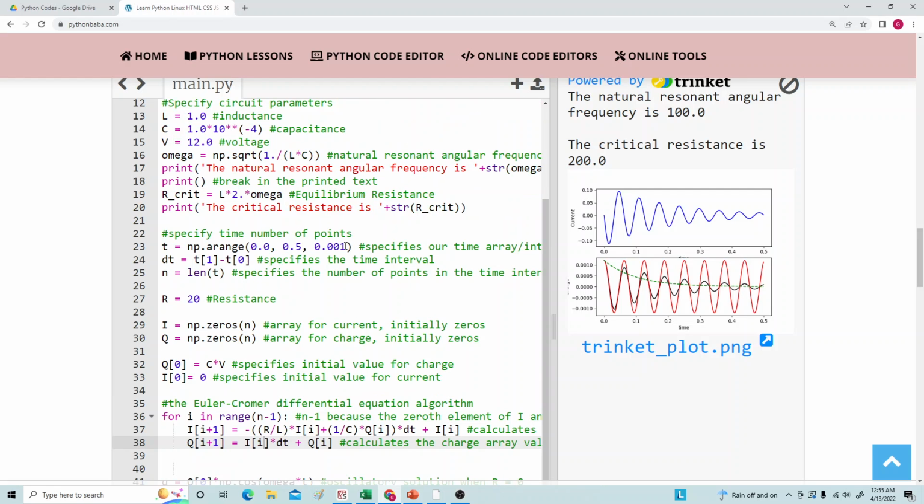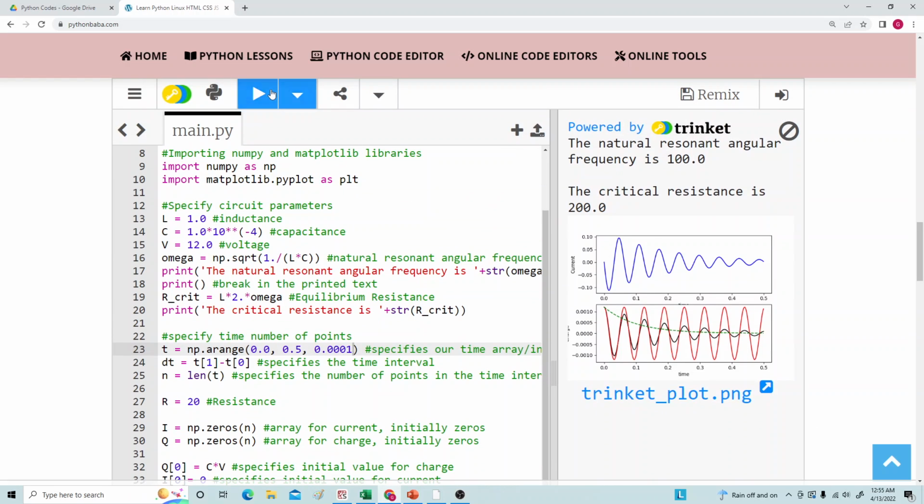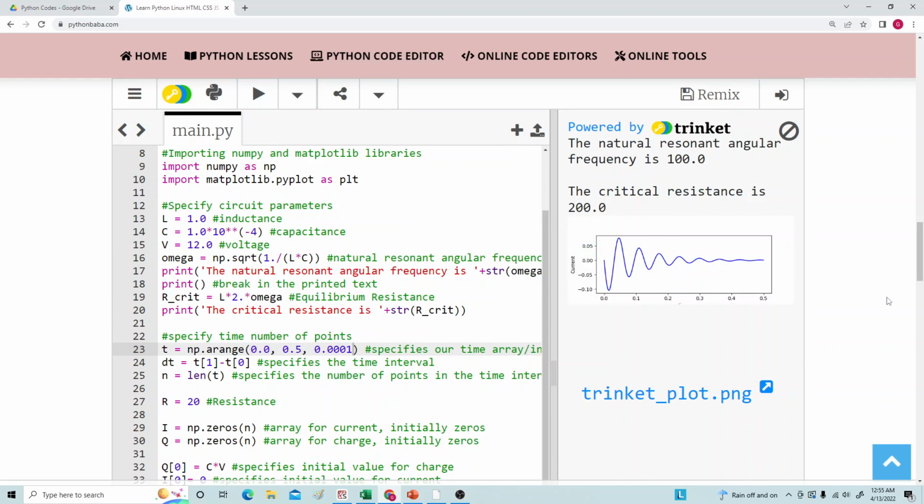And I could increase the accuracy of the Euler method by choosing smaller and smaller time intervals. But when you do that, it's okay for this kind of thing.